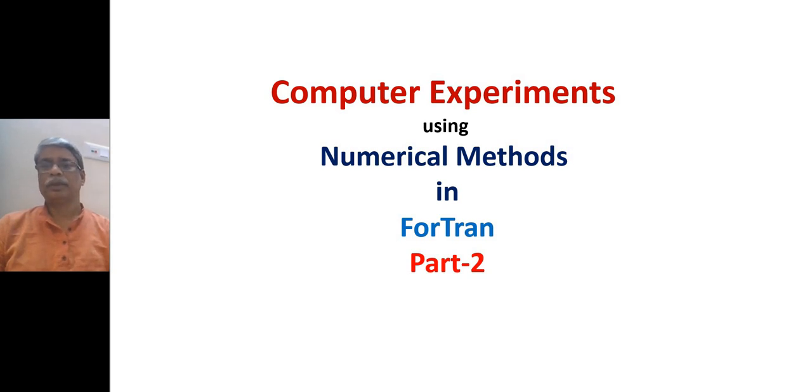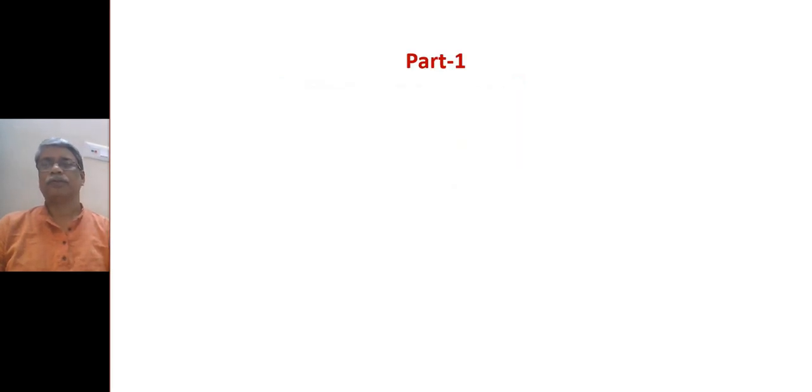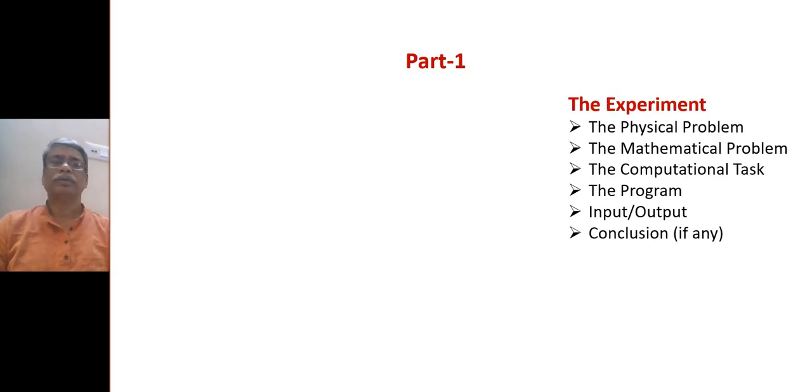As you know, in our first video, part 1, under the heading of the different experiments, we tried to give the physical problem and then the mathematical problem associated with it, and then, with the help of numerical analysis, how to get a computational task, that is, a computational problem.